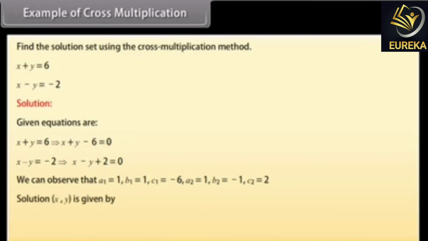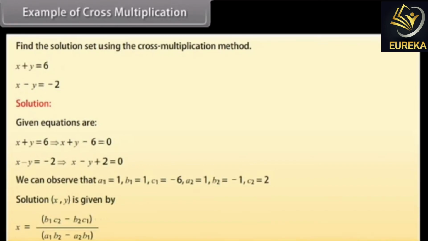Solution xy is given by x is equal to b1 c2 minus b2 c1 upon a1 b2 minus a2 b1. Now by substituting the values we get x is equal to 1 into 2 minus 1 into minus 6 upon 1 into minus 1 minus 1 into 1.